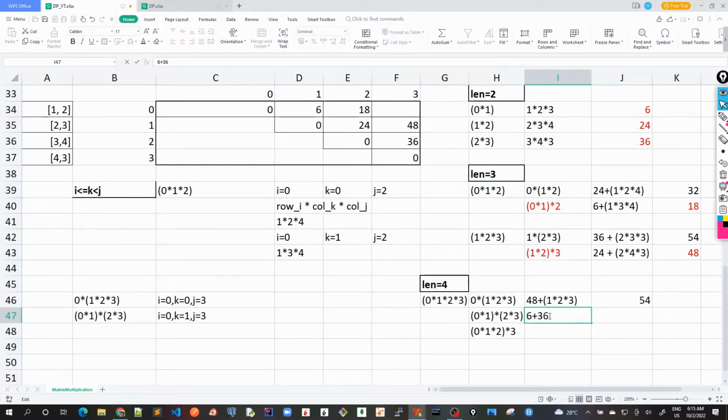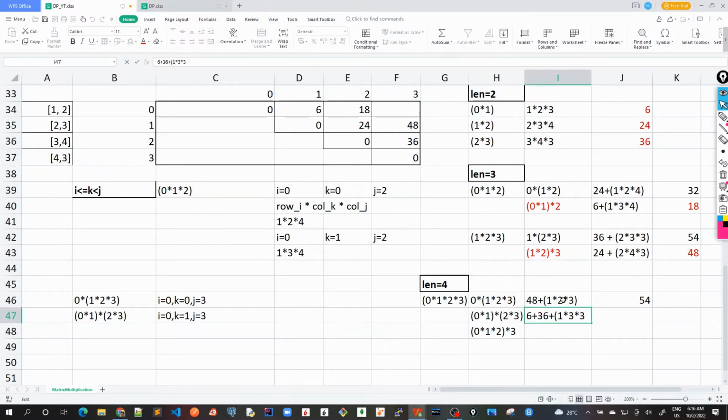And then plus, now because k is equal to 1, using this formula, the row of i is still 0, which is 1, and the column of k is 1, which is this, multiplied by column of j. Column of j is again 3, the 4th matrix here.